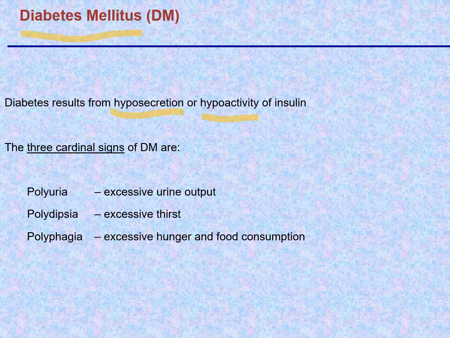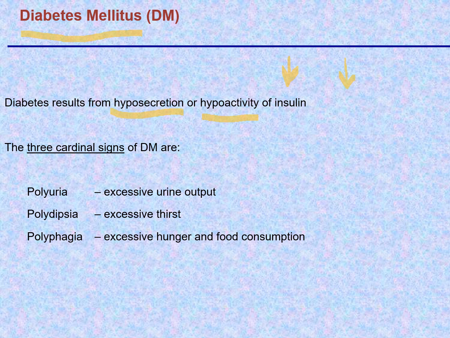So it's either abnormally low insulin level or abnormally low receptor level. So the two possible causes for diabetes mellitus are lower insulin or lower insulin receptor.